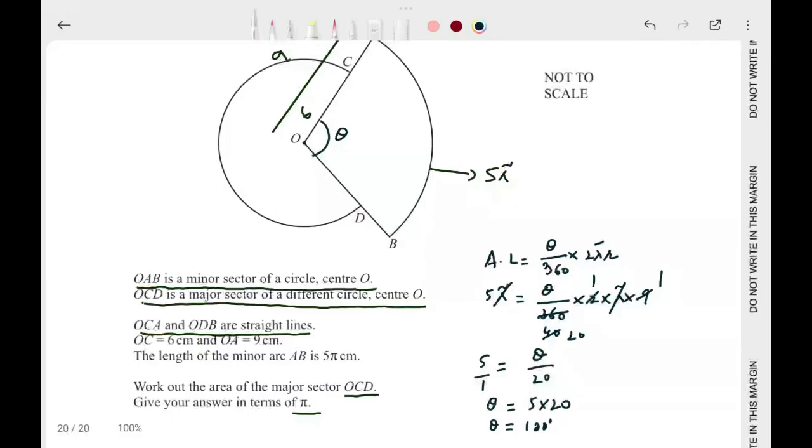Now we can easily find out the angle of major sector by subtracting this from 360 degree, and this would be 260.